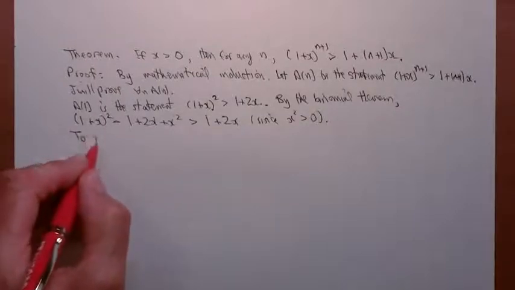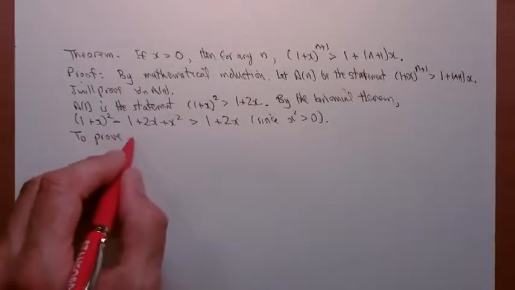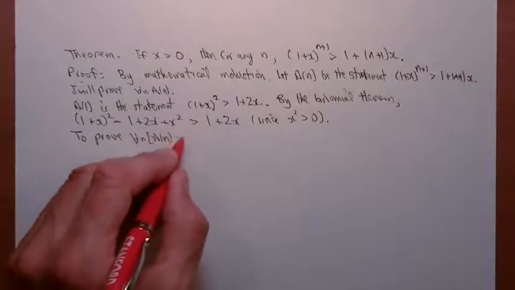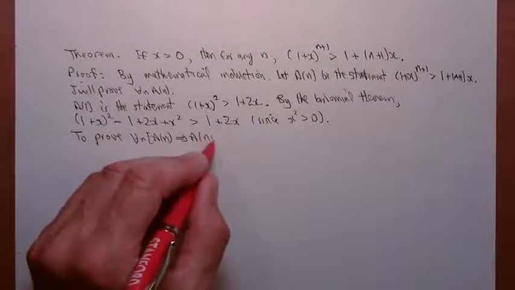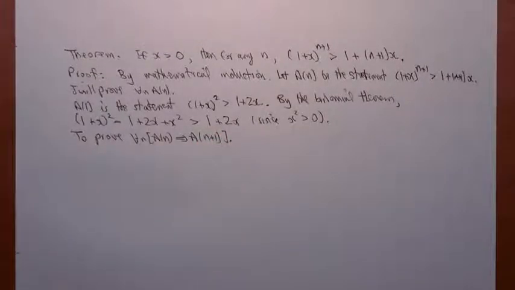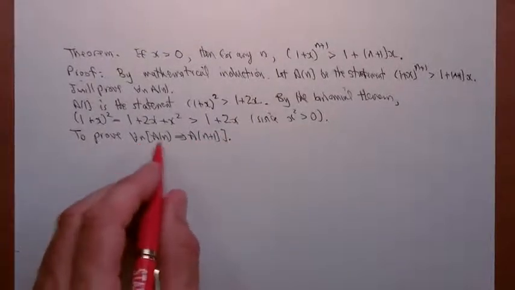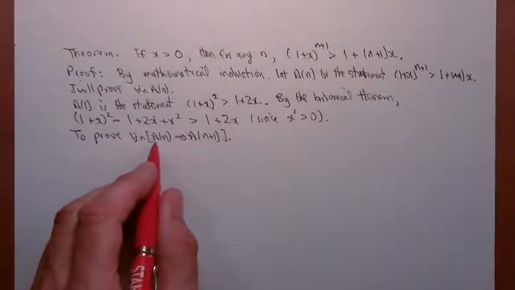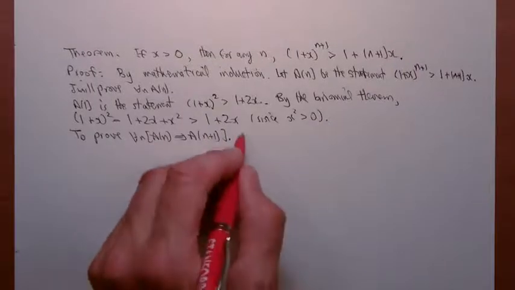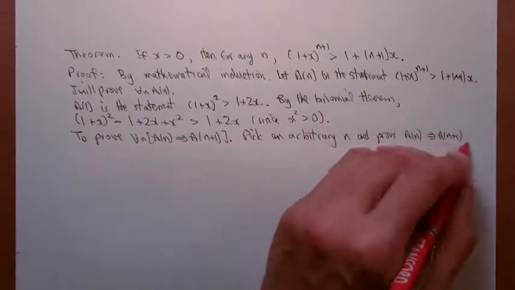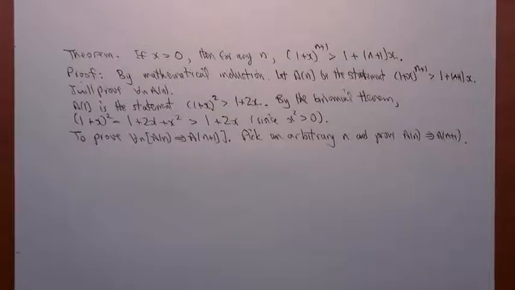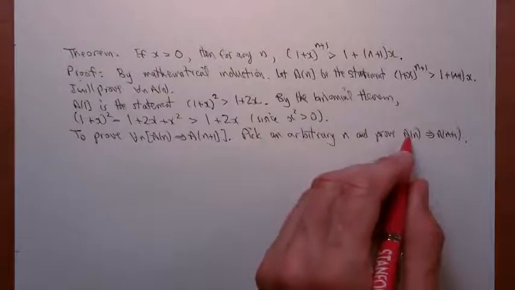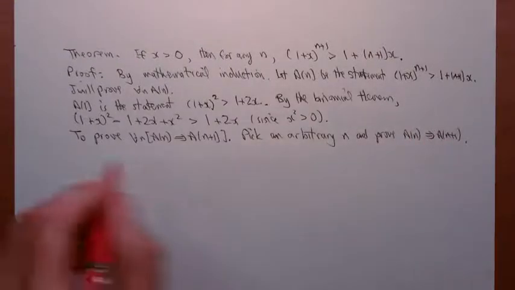The induction step involves proving for all n, A n implies A n plus 1. How do we typically prove a statement like this? We pick an arbitrary n and prove A n implies A n plus 1. And how do we prove an implication like this? We assume the antecedent and deduce the consequent.